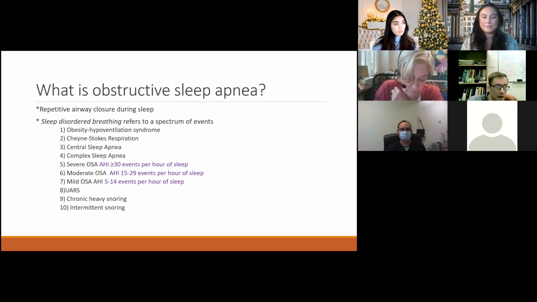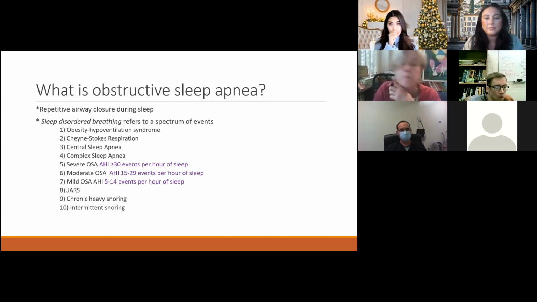And complex sleep apnea, which we define a little bit more as treatment emergent central apnea now, and that has more to do with PSG findings. Someone on a diagnostic study may have pure obstructive events, and then you treat those obstructive events and see central events.